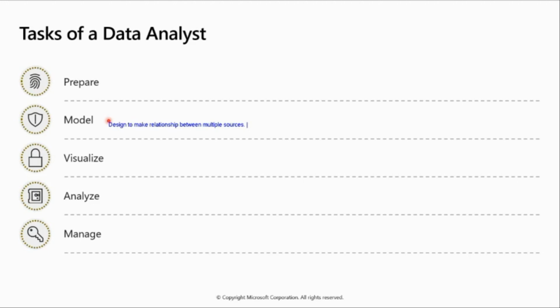So modeling, as I have told you, is the process of determining how your tables are related to each other, and this is done by defining and creating the relationships. We design the relationships between the tables, and then from there we can enhance the model by defining metrics and adding some custom calculations to enrich your data.